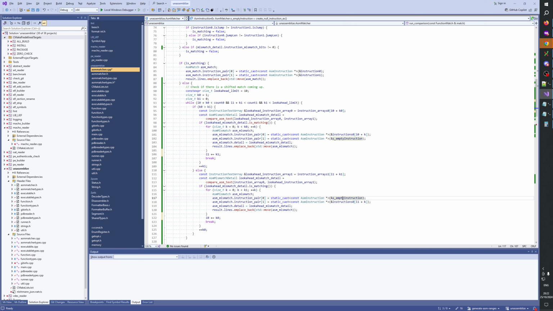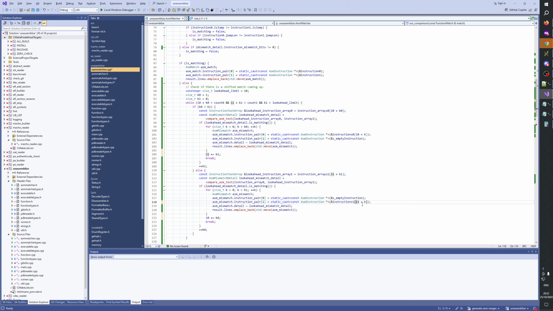we add ASM mismatch records with empty instruction on the left side, but instructions on the right side. And this is wrong here. I1, no, it's correct.